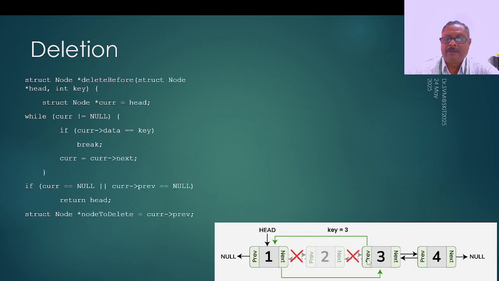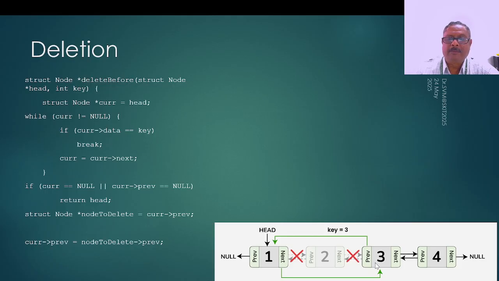Otherwise, this is the node where we have reached. This is the value with the key. So let us define the node to delete as the current node's previous node. Done. So now we have this as the node to delete.